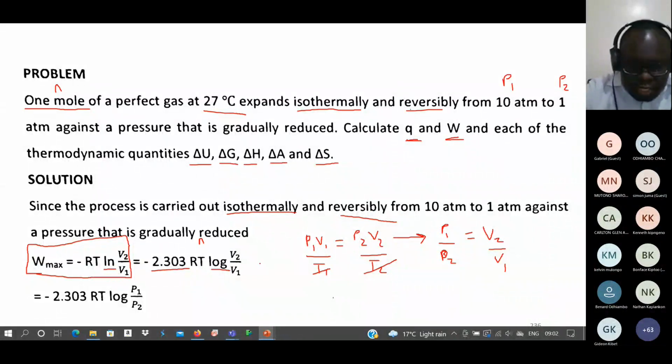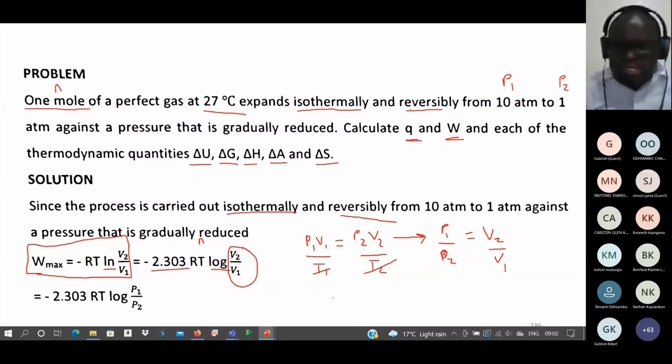So we can substitute V2 over V1 with P1 over P2, so the same expression can be written as minus 2.303 RT log of P1 over P2.